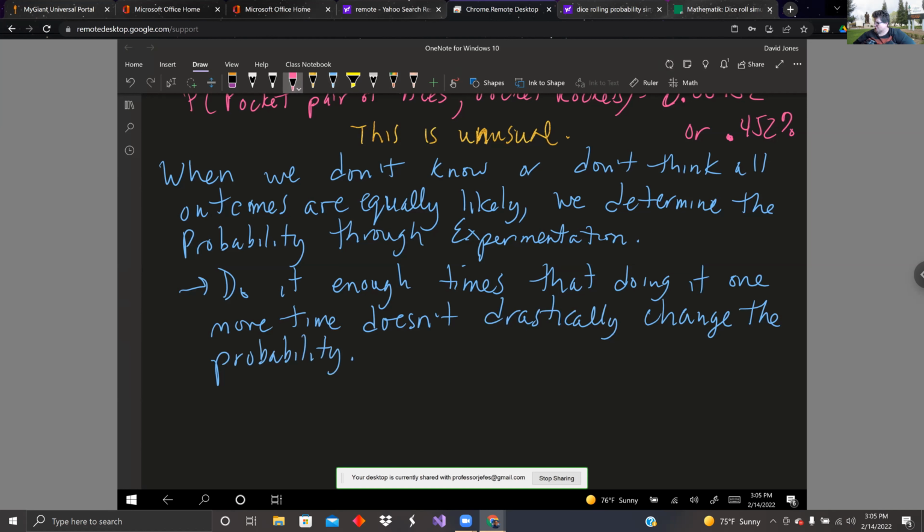This is when the law of large numbers has kicked in, has taken effect.